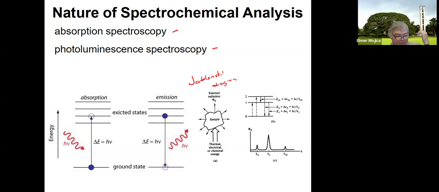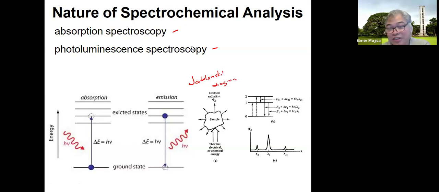Yeah, but the thing is, the Jablonski diagram is really how you differentiate one spectroscopic technique from another. Usually you only have lines, but if we look at this, it has a name.